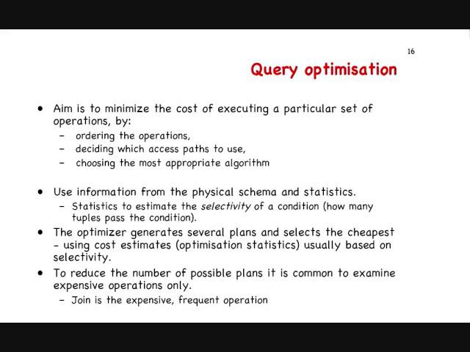Now, our statistics tell us the selectivity, and the optimizer will then use the relational algebra and statistics to generate several plans, and we'll select the cheapest one. Usually you're not going to explore the whole space, so you just look at the joins, which are usually the most expensive operations.